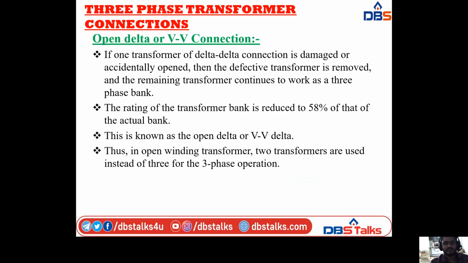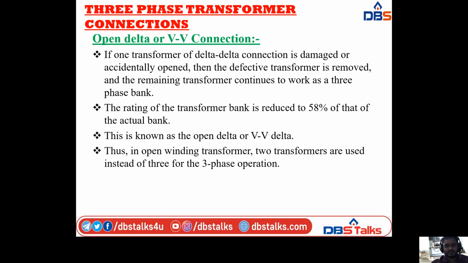And next we are moving to the open delta, or V to V connection. If one transformer of a delta to delta connection is damaged or accidentally opened, then the defective transformer is removed and the remaining transformers continue to work as a three-phase bank.